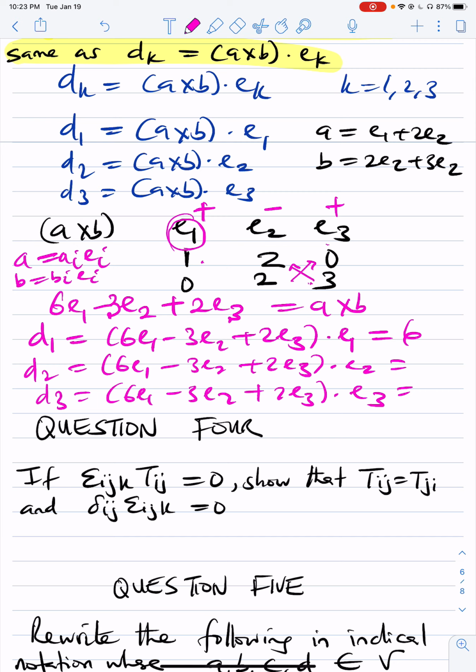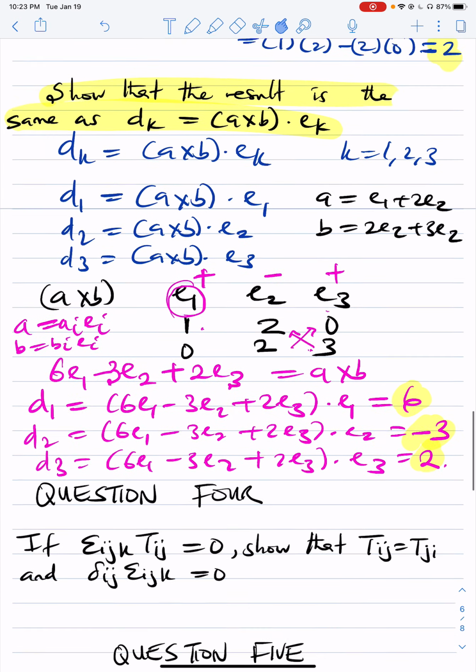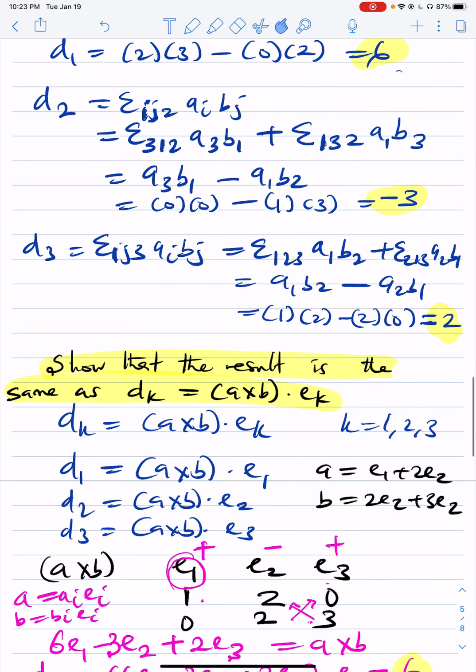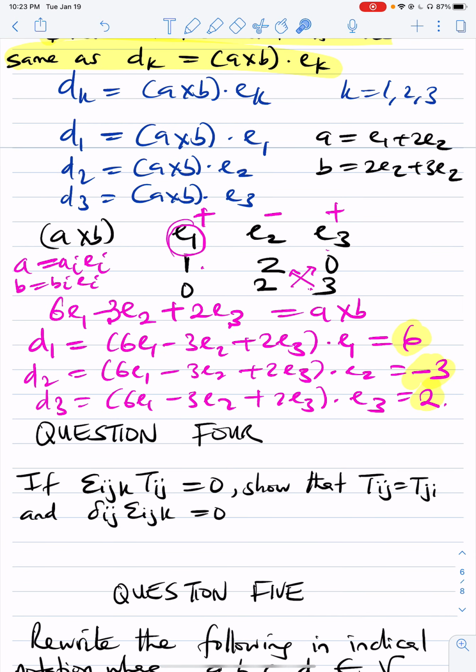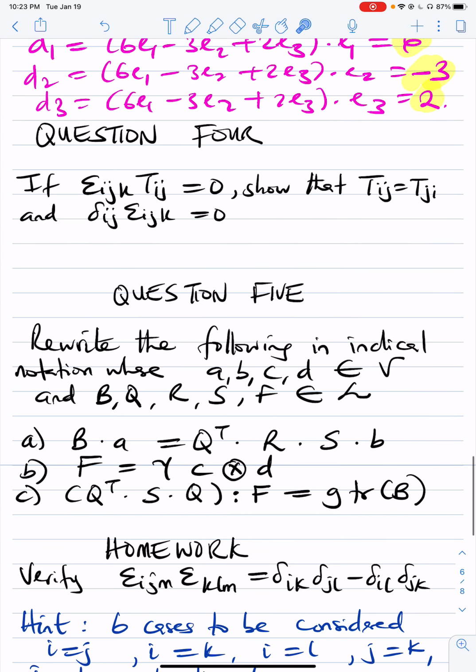So that will give you 6, minus 3 and 2. Now if you look at these values, it's exactly what you have here: 6, minus 3 and 2 here as well. I hope this makes sense.